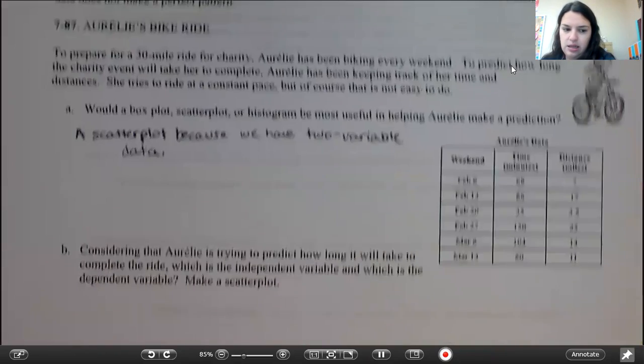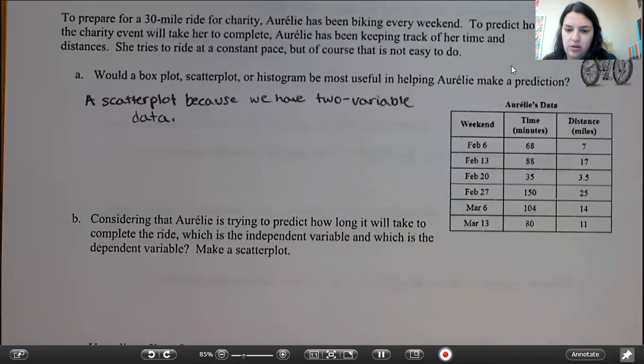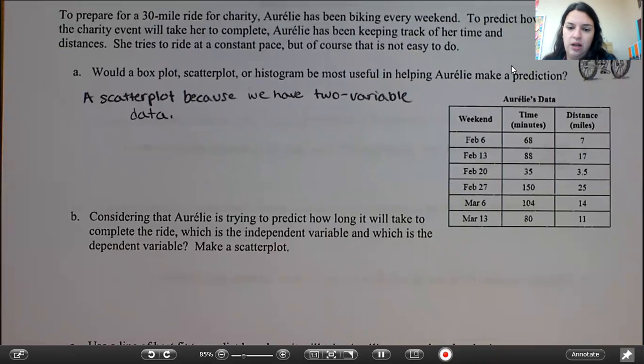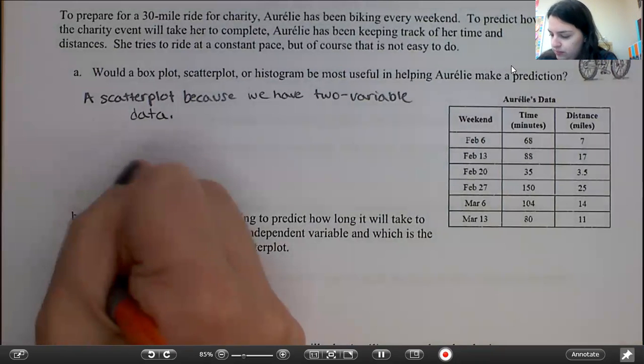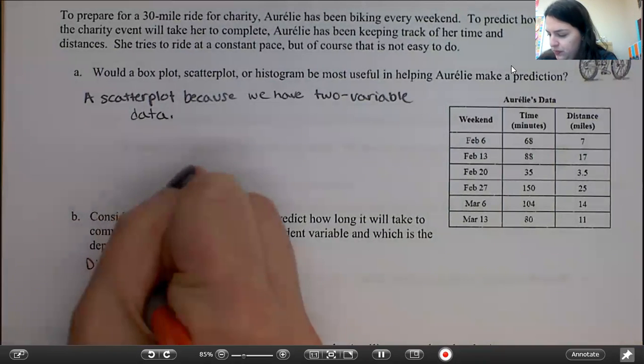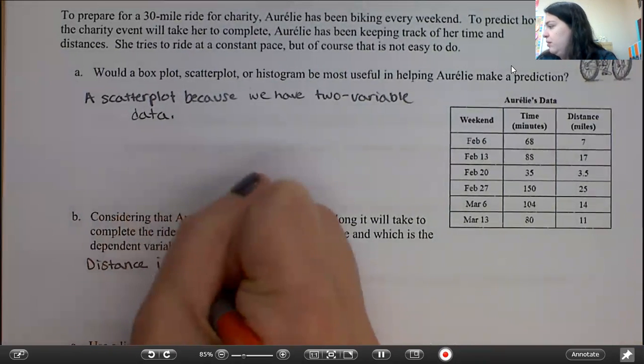Part B says, considering what Ariel is trying to predict, how long it will take to complete the ride, which is the independent variable and which is the dependent variable? Make a scatter plot. So distance, I'm going to help you out here, is the independent variable.